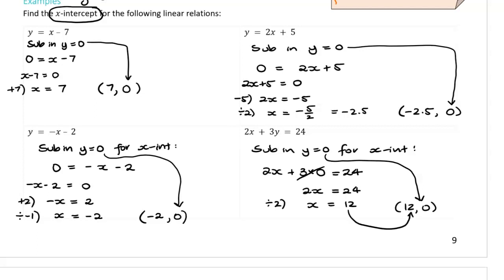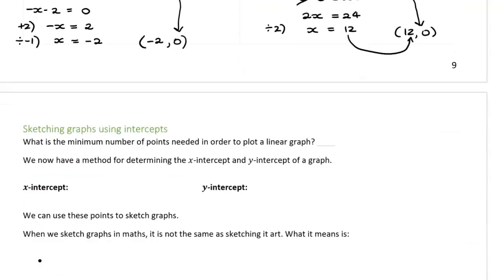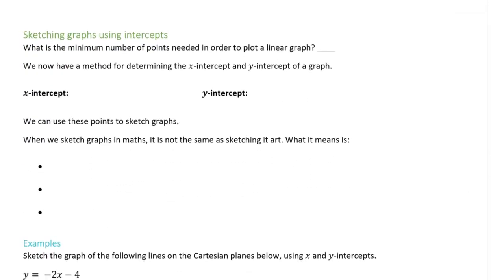Nice. Now that we know how to find the x-intercept, we can also find the y-intercept. And in doing so, if we know the x-intercept for a graph and the y-intercept for a graph, well, we can draw the graph, because the minimum number of points needed to draw or plot a linear graph is 2.